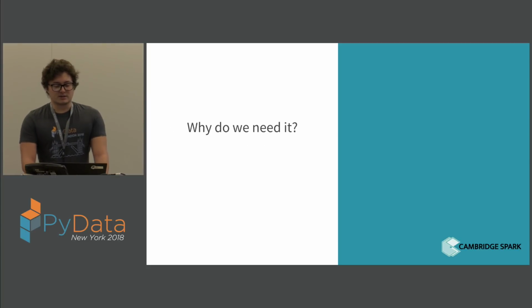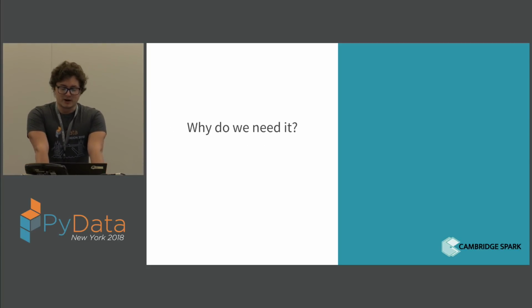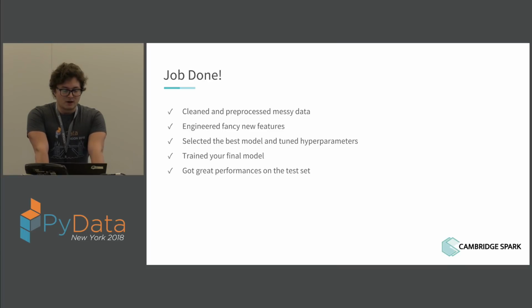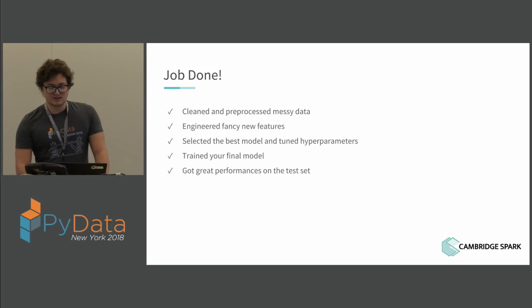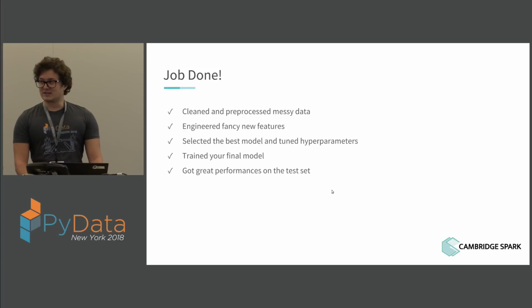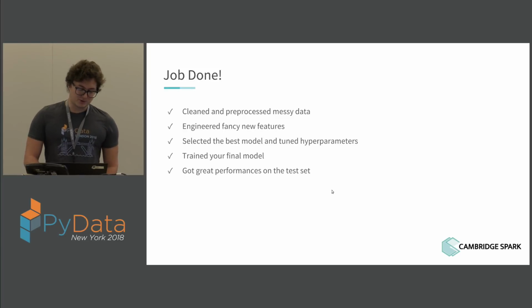So why do we care about interpreting our models? Let's say you've done all the work of a data scientist: you've cleaned and pre-processed messy data, which, as others have said yesterday, is most of the job of a data scientist. Then you've engineered really fancy new features, and you're quite proud of them.